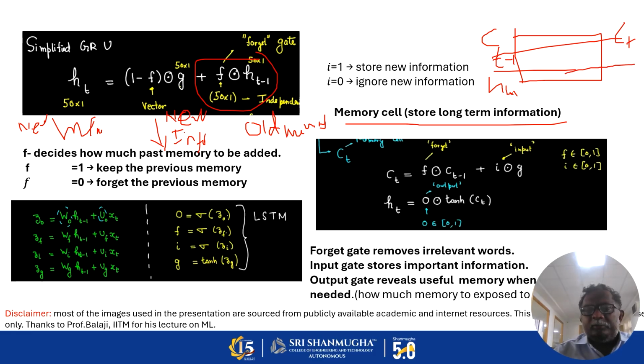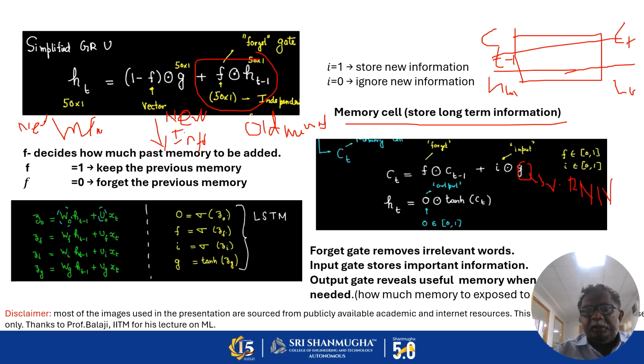There are two lines: this is C_t, and this is H_t. Inside this rectangular box we will have the forget gate and the input gate, which we are going to see in the next slide. This is the input gate, and this is our vanilla RNN.